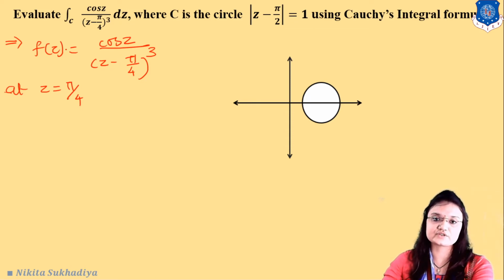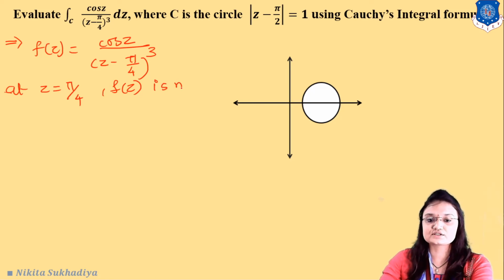So our function f(z) becomes infinite when we put z = pi by 4. We cannot differentiate infinity, so at z = pi by 4 our function f(z) is not differentiable. So we can say that at z = pi by 4, our function f(z) is not an analytic function.